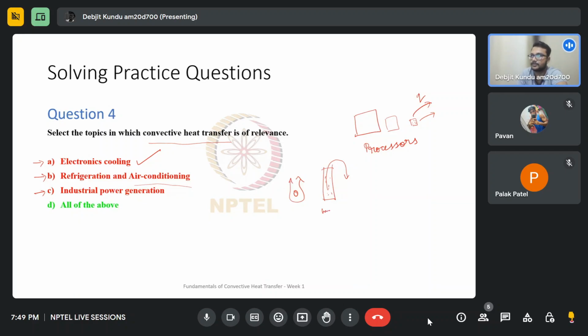When water becomes steam after gaining that heat energy due to combustion, that steam then goes ahead and rotates a turbine, where again convective heat transfer plays a role. And then after it has crossed the turbine, there are cooling towers like this, you must have seen.